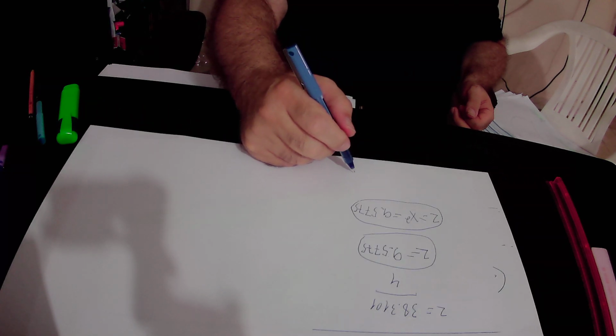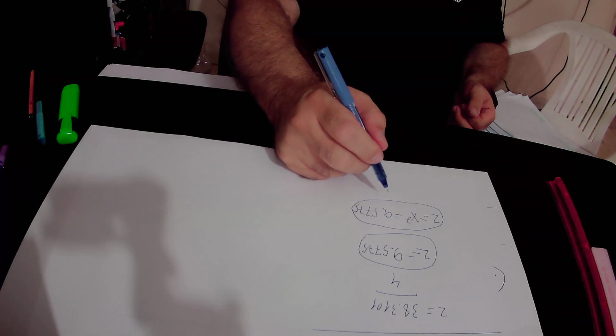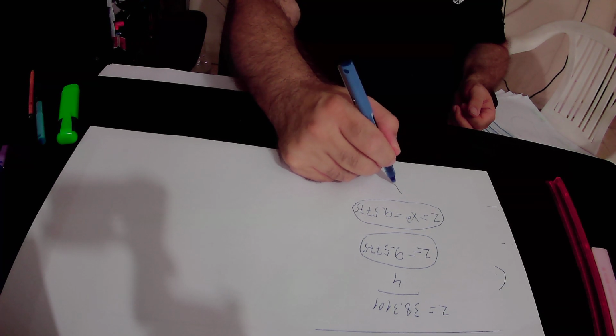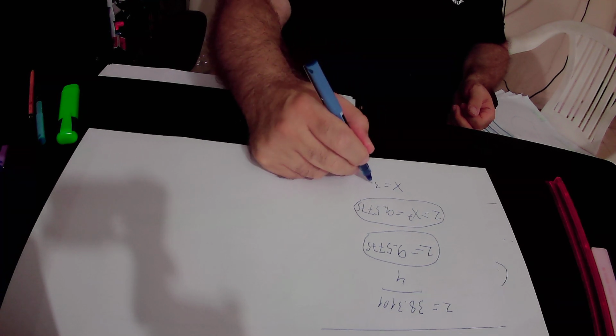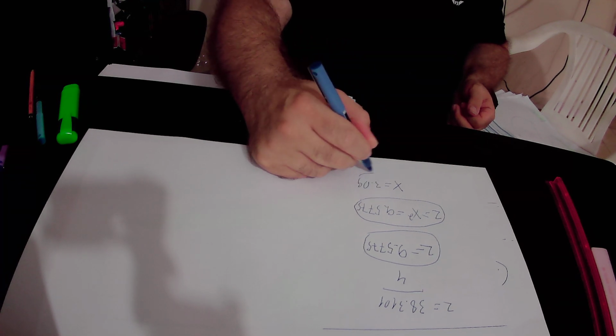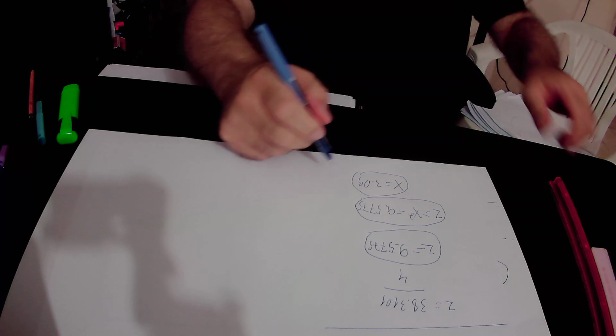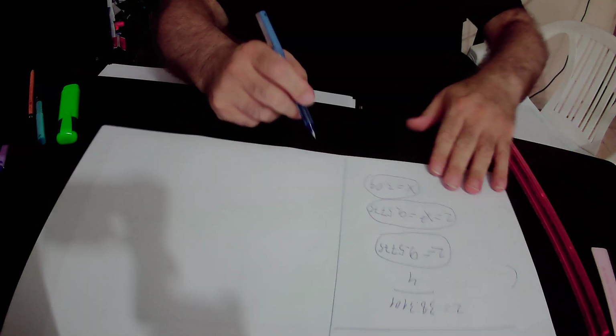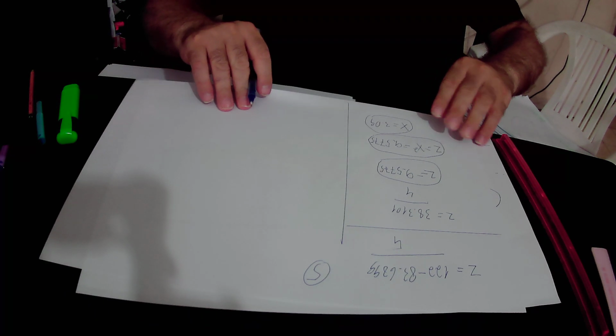and we get that the square root of 9.5775 is equal to x, that is equal to 3.09 units. So I found out that x equals 3.09 units.